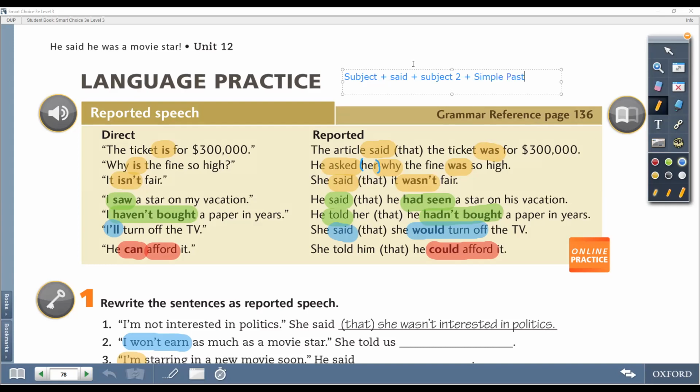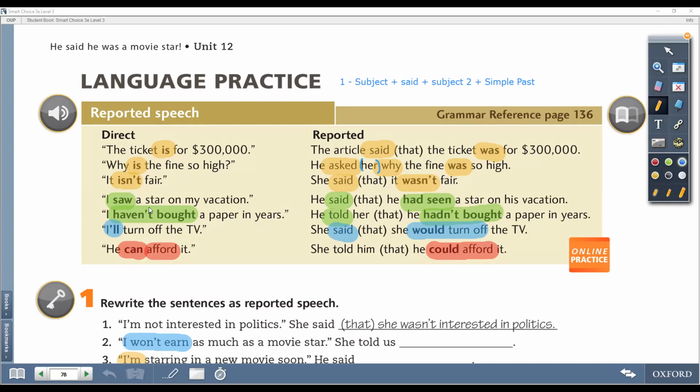Okay, that's good. Done. So the article said the ticket was. Okay, so that's one. This one, guys, happens when I'm changing from present to past. Okay, so let me put here number one. Okay, now let's see the second one.